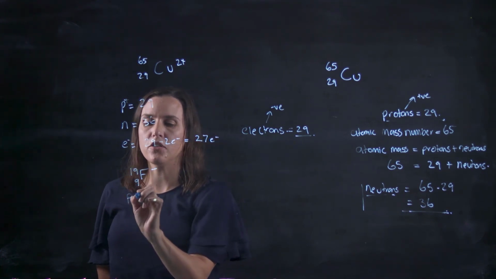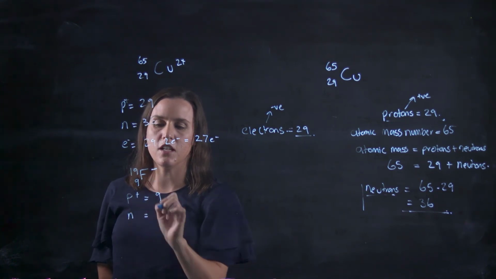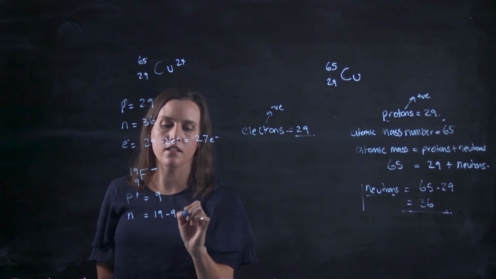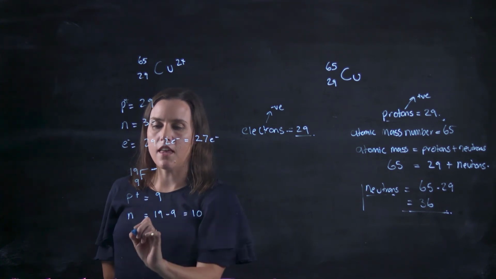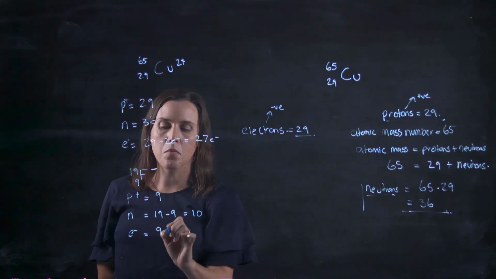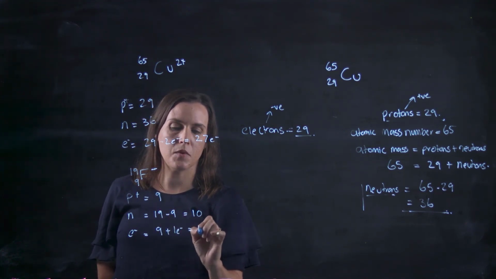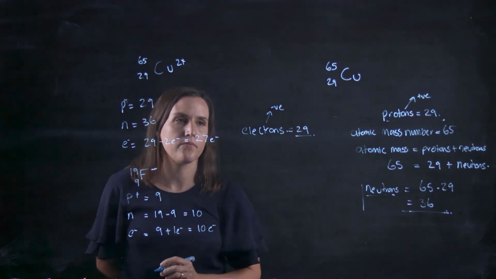So the number of protons is 9. The number of neutrons is 19 minus 9, 10. And the number of electrons would be 9 to make it neutral, plus 1 electron because I've got a negative charge. So that would be 10 electrons.